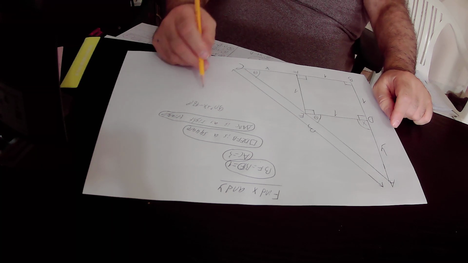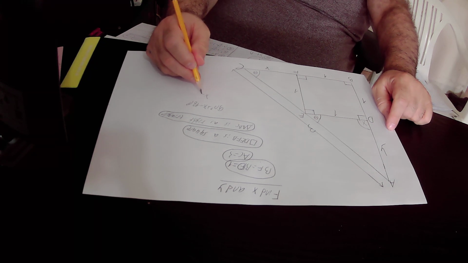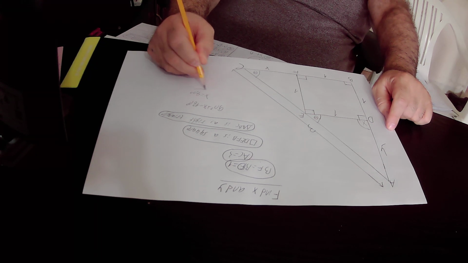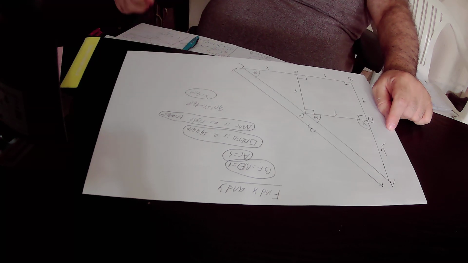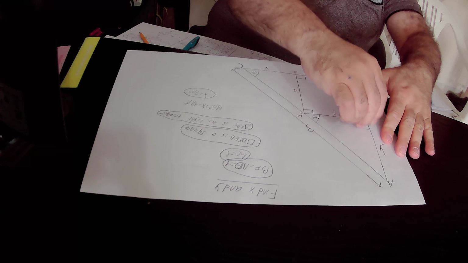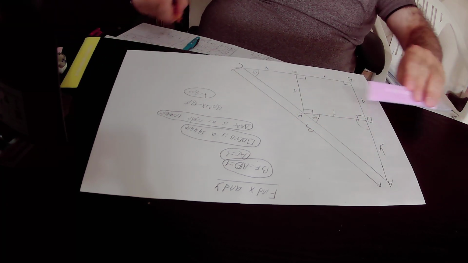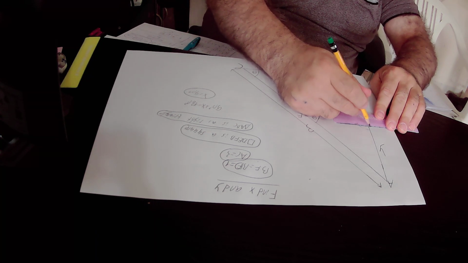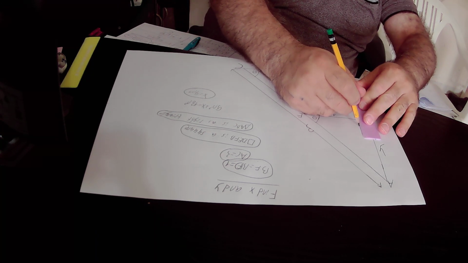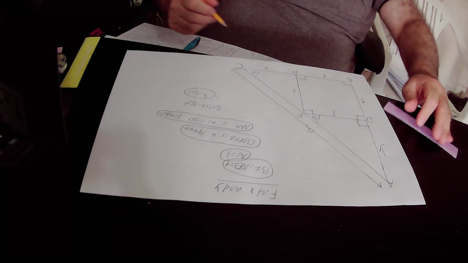If we subtract 90 degrees from this equation, we will get that angle X equals 90 degrees. It is a right angle. Therefore, triangle ADE is a right triangle. This angle equals 90 degrees.